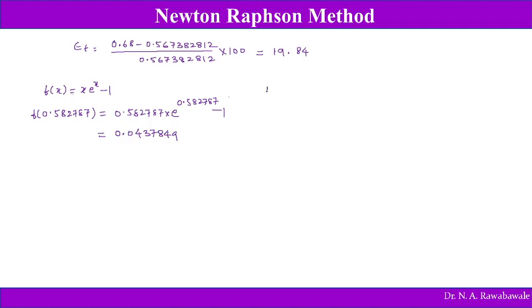And f dash of x, which after differentiation we got as x plus 1 into e to the power of x. So here f dash of 0.582787 is equal to 0.582787 plus 1, into e to the power of again 0.582787.